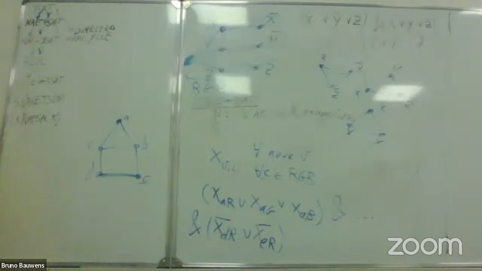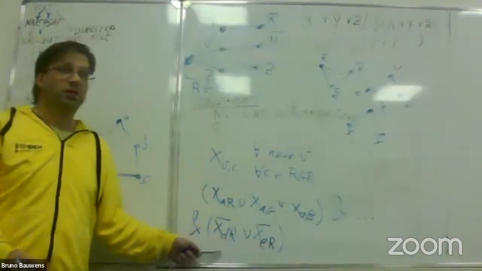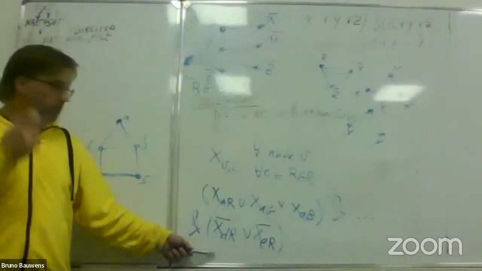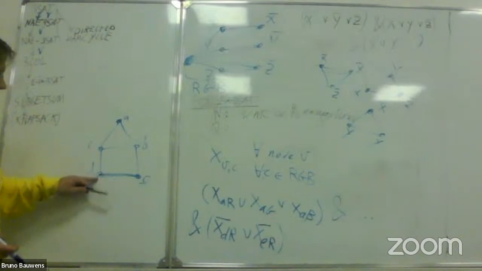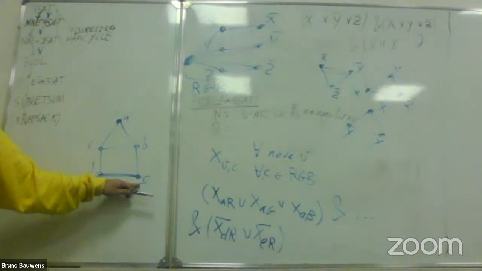If they're both red, then we have two zeros. But actually it doesn't work, because if this is green and this is blue, we add such a clause for each color. So it's not working.